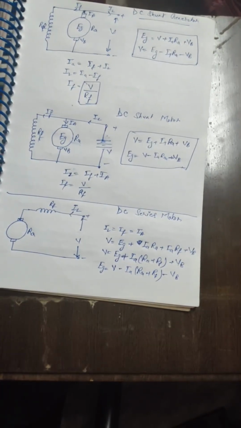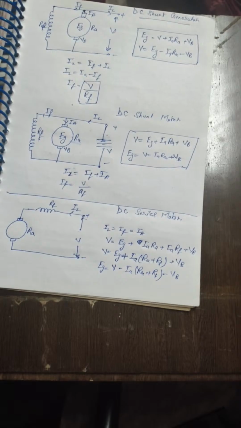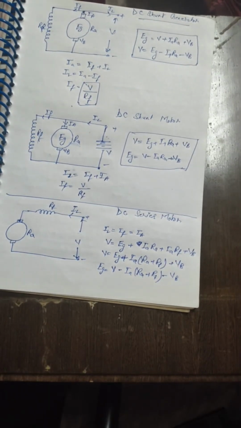But in the case of a series motor, the winding with larger cross-sectional area and fewer turns is used, because it allows the maximum current to flow through the circuit, due to the increase in cross-sectional area and decrease in length.